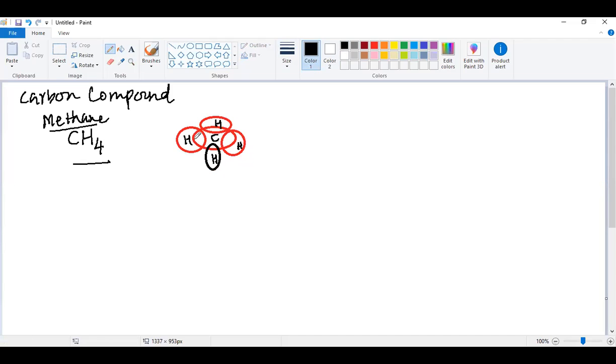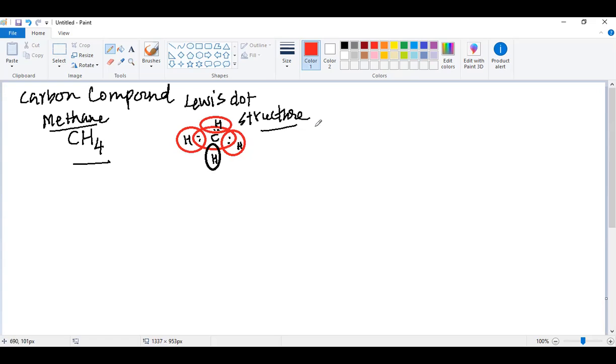What do we call this? We call it the Lewis dot structure. Now from this, what do we understand, my dear students?